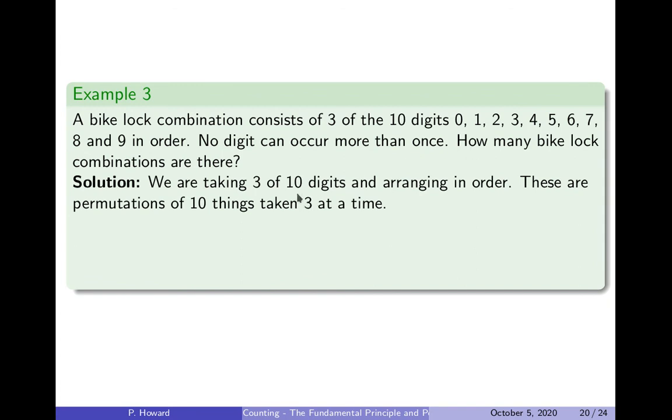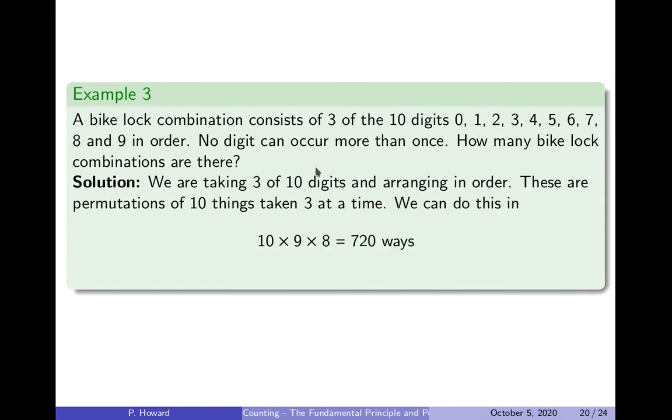Well, here again we are taking 3 of the 10 digits 0 through 9 and arranging in order. So this is the number of permutations of 10 things taken 3 at a time.